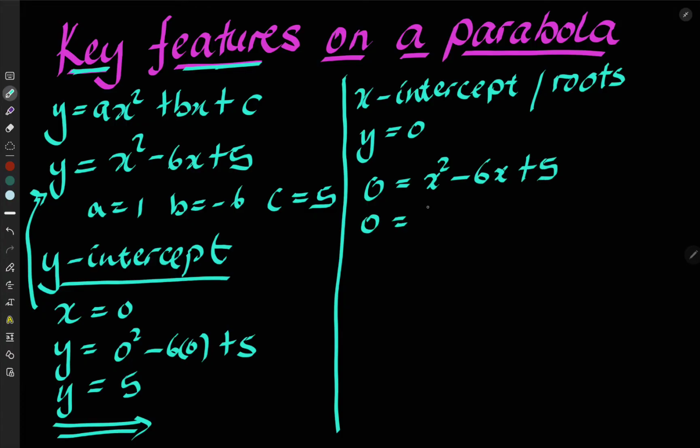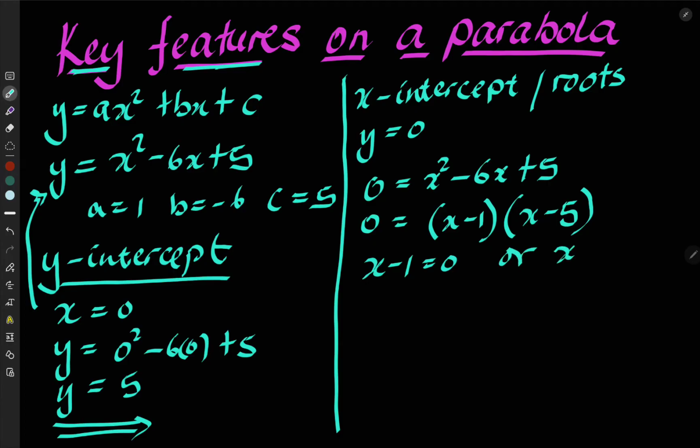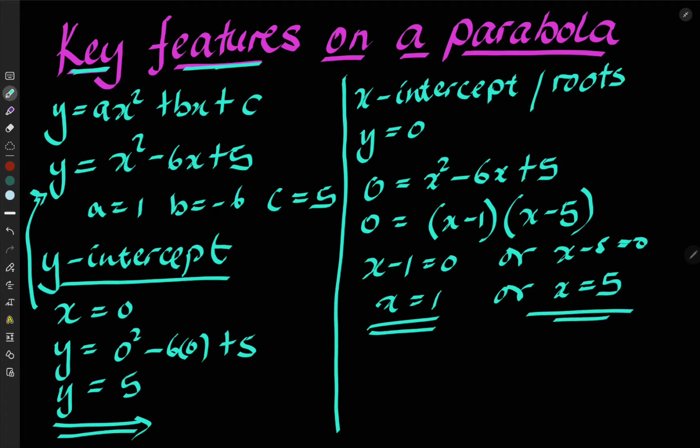To solve that, you factorize and you get (x minus 1)(x minus 5). Then x minus 1 is equal to 0, or x minus 5 is equal to 0. Then x is equal to 1, or x is equal to positive 5. That's your x-intercept, or also the roots.